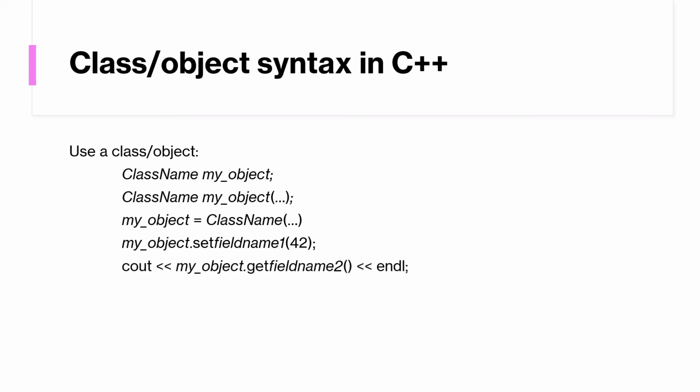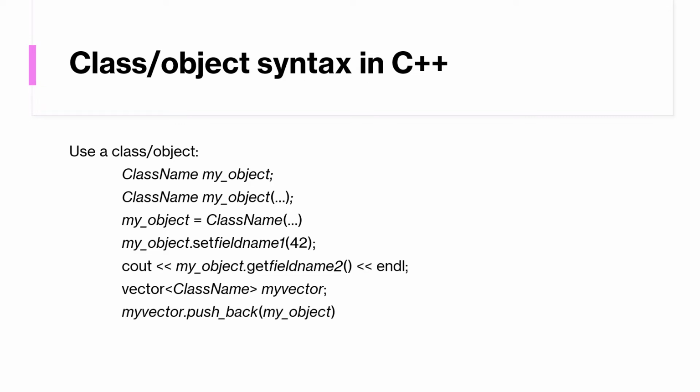We can cout myObject.getFieldName2. Again, fieldName2 is private, but the get function is public. We can make a vector of ClassName. We can push back myObject onto that vector. And we can use myVector.at(0).getFieldName1 and send that to cout.